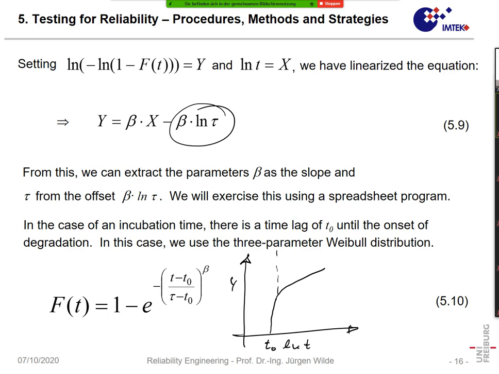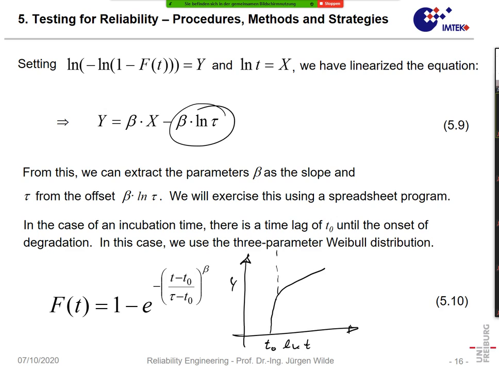You know the date of production and you know when it broke. If you do such data, you might observe that you do not get a linear Weibull graph, but you get some minimum value. For instance, the offset could be the time where the car is not yet sold.